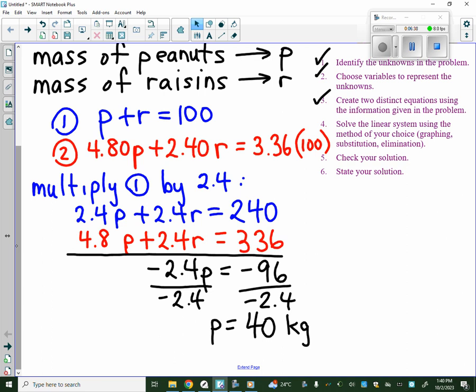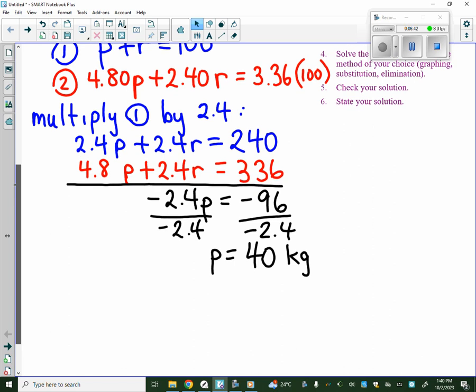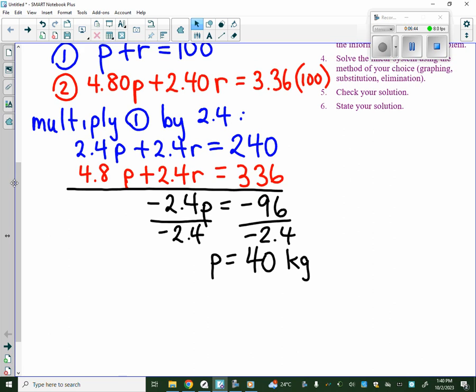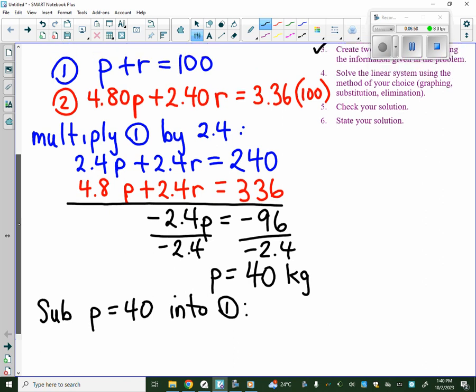I'm now going to figure out the mass of raisins. So I'm going to substitute p equals 40 into number 1. That's the much easier equation to work with. And that gives me 40 plus r equals 100.